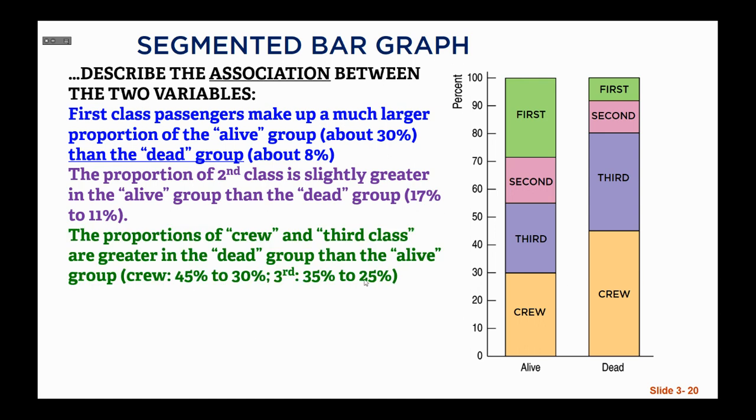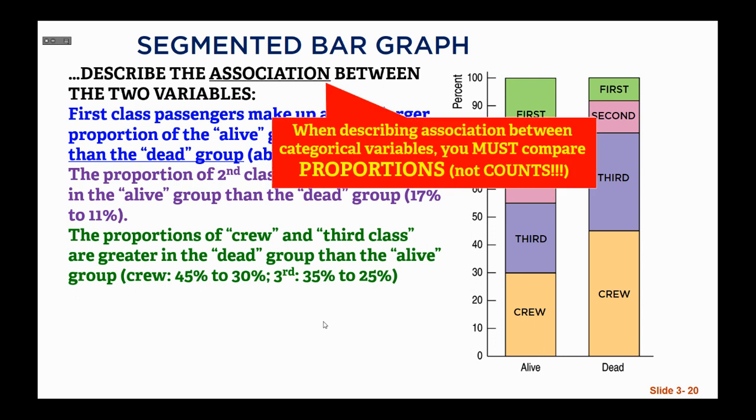So it turns out there looks to be an association between your status in life, or how much you could afford on a ticket for the Titanic at least, and whether or not you were going to be part of the alive group or the dead group. There is an association between those. People with higher status tended to stay alive, and people with lower status tended to be a higher proportion of those that died.